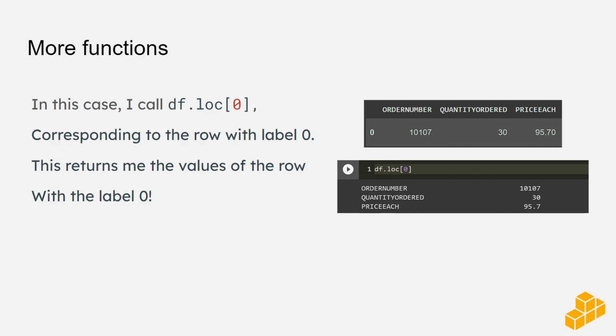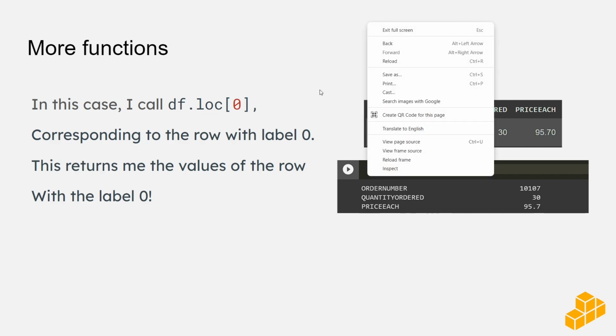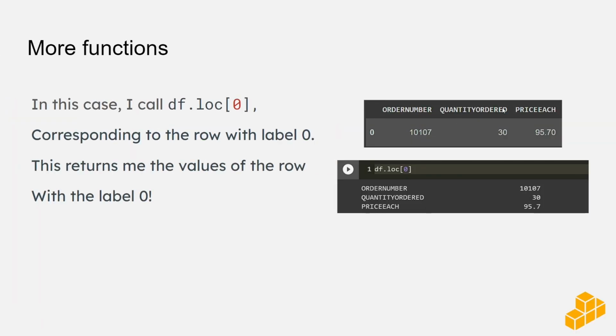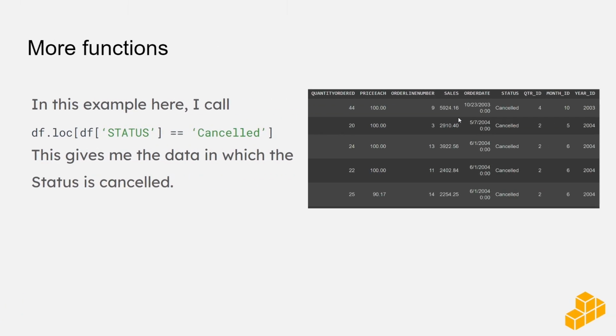This row satisfies that condition, so it will output this entire row, and you will get your information on row 0.